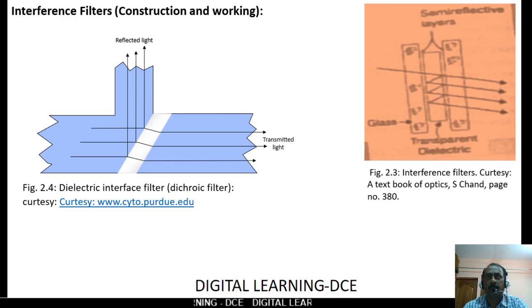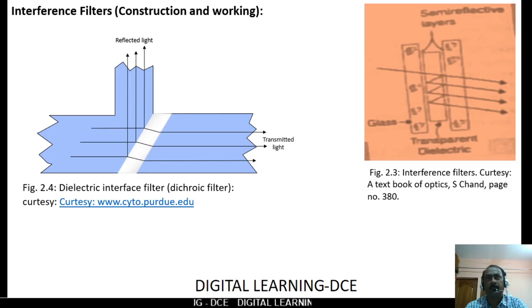Then a thin layer of some dielectric material such as cryolite is deposited over this. This dielectric is in turn coated with another similar metallic film. To protect this thin film structure from any damage, another glass plate is placed over it. This arrangement forms a Fabry-Perot structure between two glass plates.